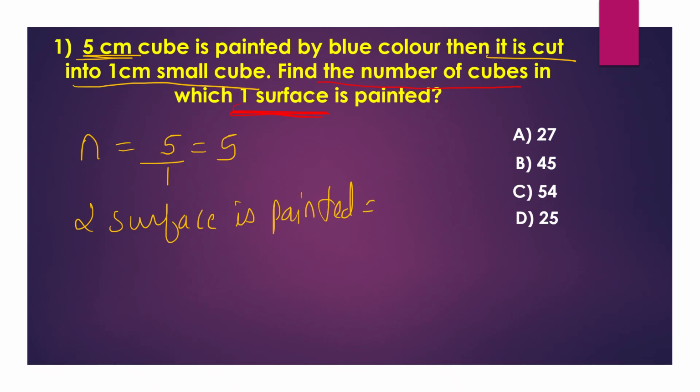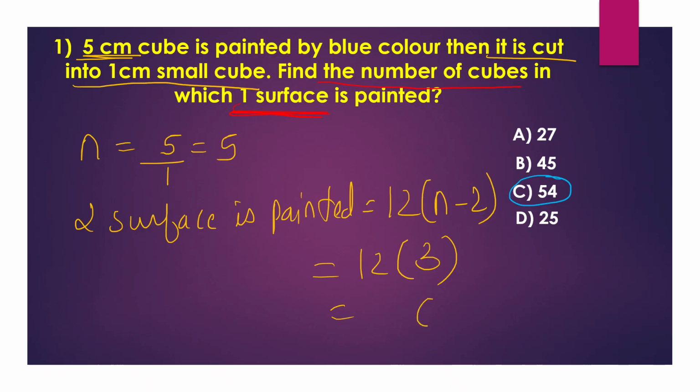The formula for two surfaces painted is 12 into n minus 2. So what is n? 5. So 5 minus 2 is 3, correct? So 36 is your answer when two surfaces are painted.